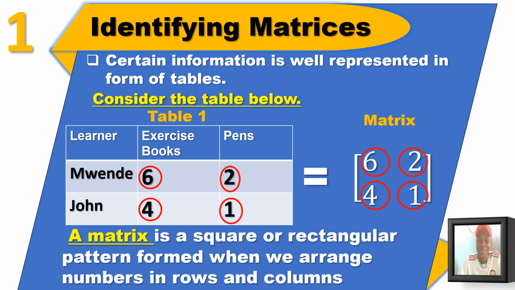I hope you've seen that we've arranged 6, 2, 4 and 1 in the first row and second row, then first column and second column. We shall see more about that later on. So that's the definition of a matrix.